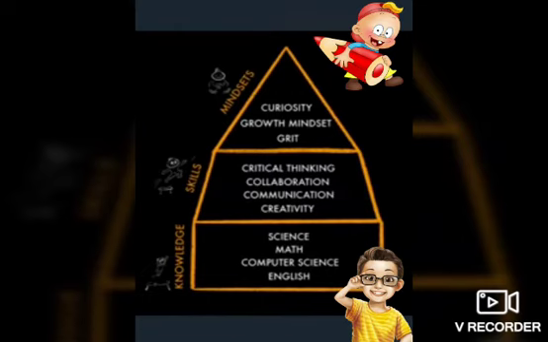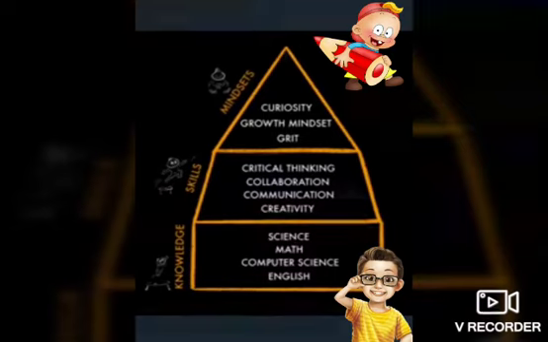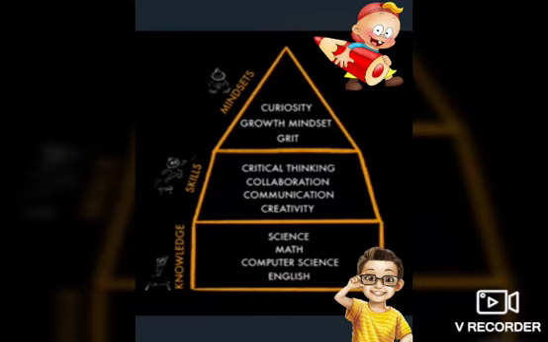As we go from up to down, in mindset, it is helpful for a child to become a curious child. It develops and grows the child's mind. Now as we come to the skills, what are skills?